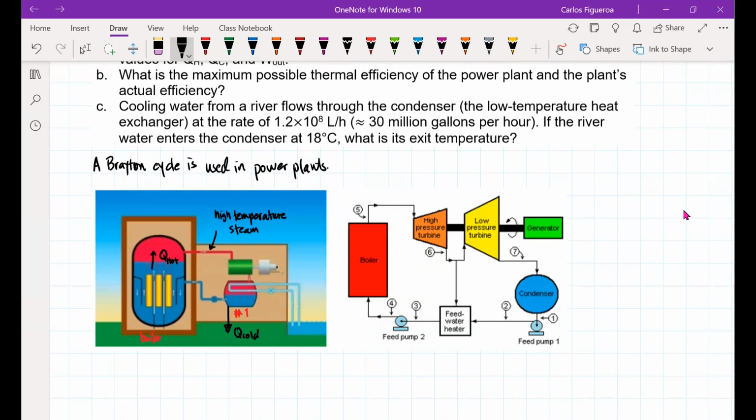And then they shoot that at a turbine, and then the turbine spins. So this here is where you have the turbines, and the turbines then spin, and right in here is your electrical generator.